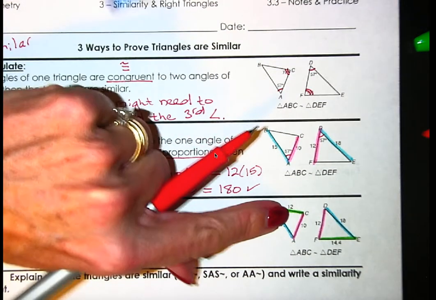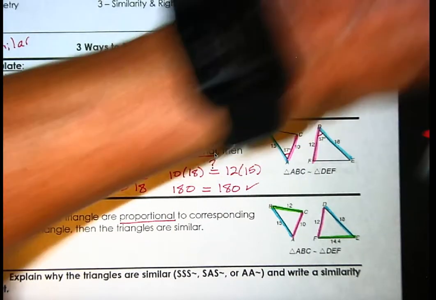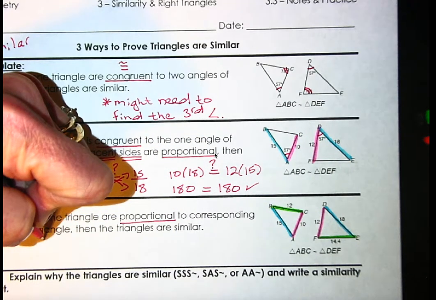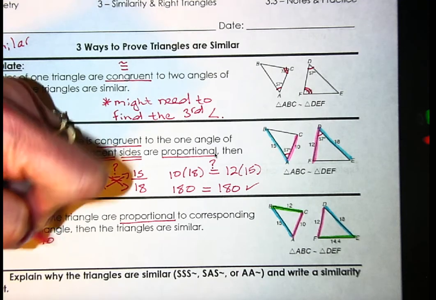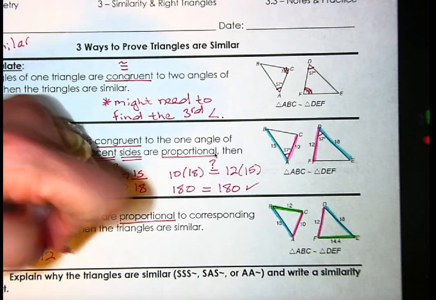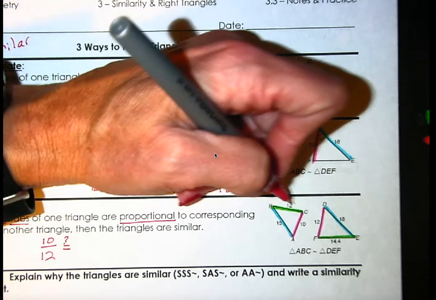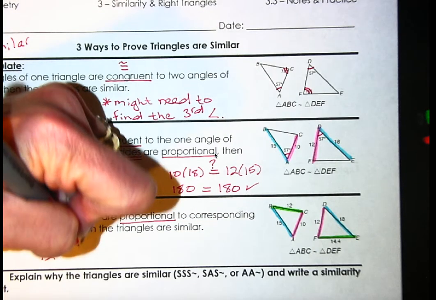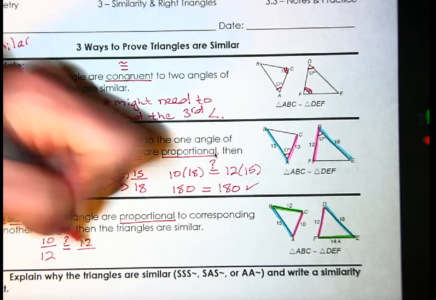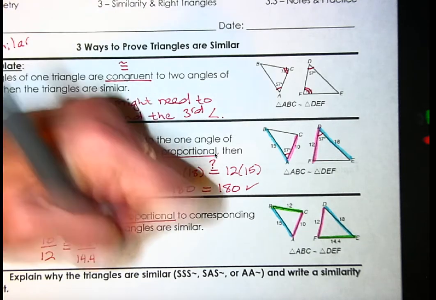So I'm going to start with pink over pink, so 10, and I'm always going to go from left to right. So left in the numerator, right in the denominator. So pink over pink, I want to know, does that equal, let's do green over green. So that would be 12, because that's from my left, over 14.4, because that's from my right.